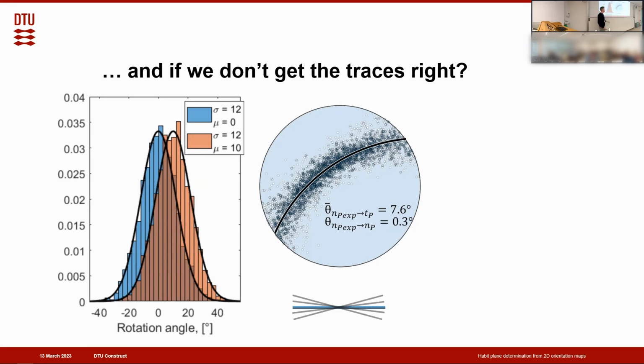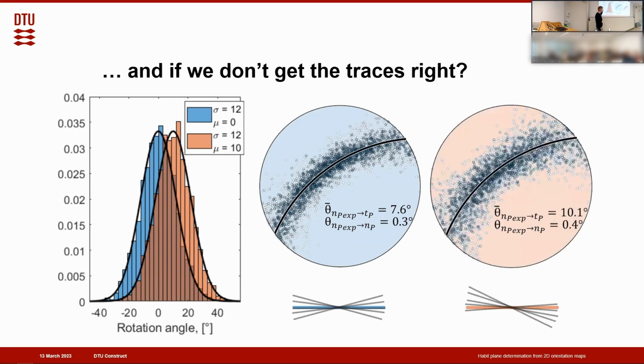So we actually get quite close to the real habit plane, even though we impose this kind of big variance in our trace direction. And even if we apply a systematic deviation of 10 degrees, we still only get 0.4 degrees in deviation from the real habit plane.